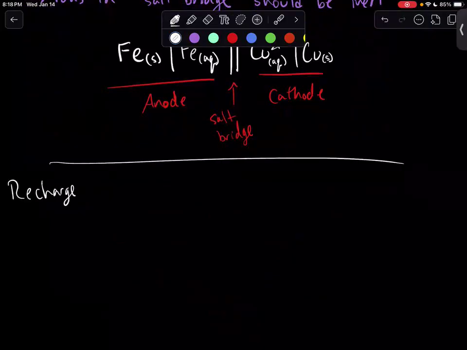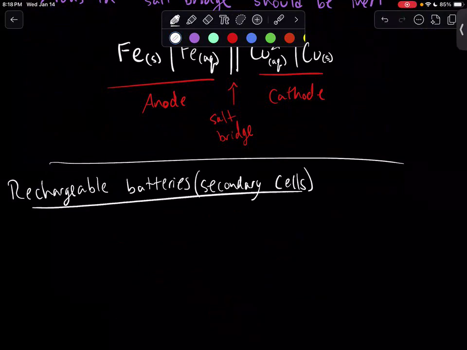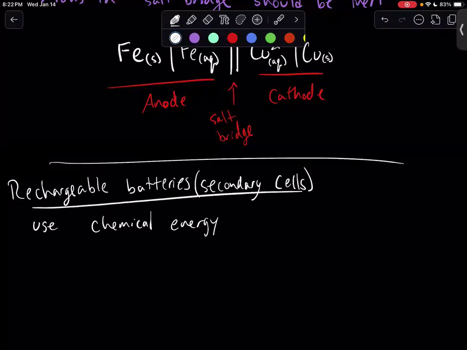So what makes those different? Secondary cells. We still use chemical energy to produce electrical current.